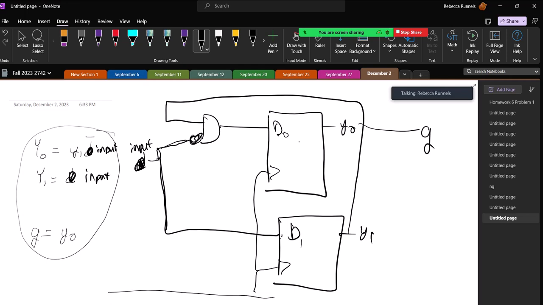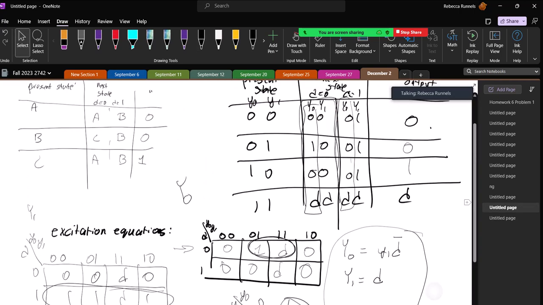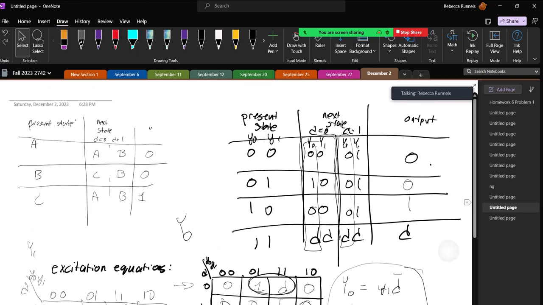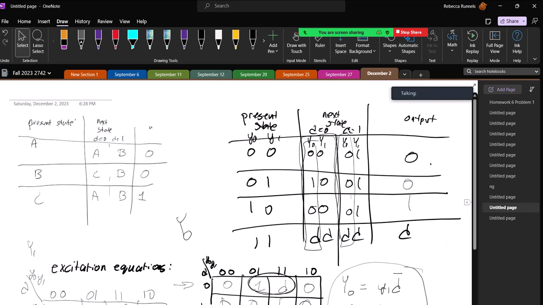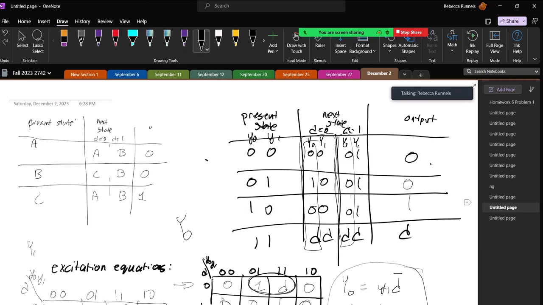And you got each of the K-maps of the excitation equations from your table, right? Yes. What was hard for me was realizing that my Y0 consisted of these values and these values, and my inputs were over here, and also whatever my input was up here.